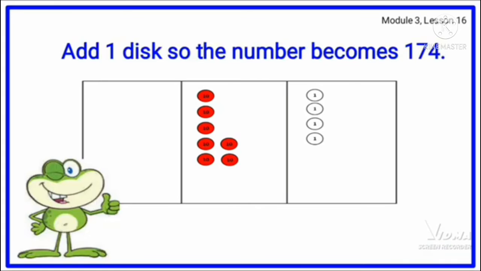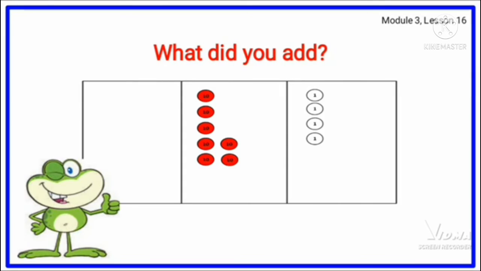Let us add 1 disk so that the number becomes 174. Which disk will you add? Will you add 10, 1, or 1 disk of 100? 1 disk of 100 is correct because it will become 174.